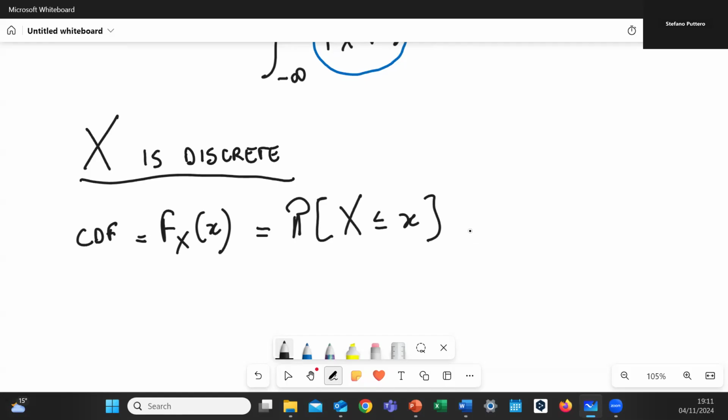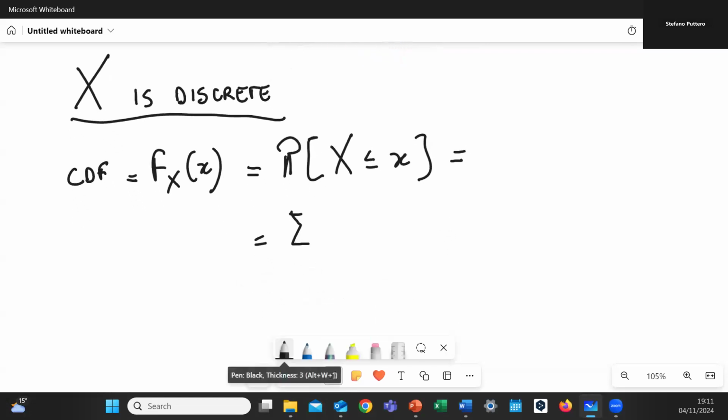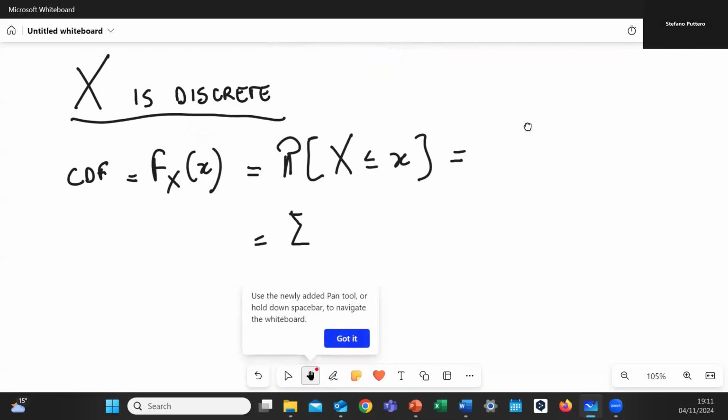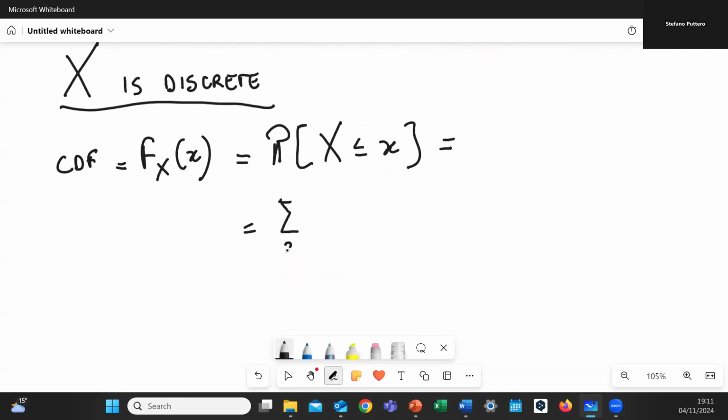But we also saw in the previous lecture that this can be written as follows. We consider the sum of what?